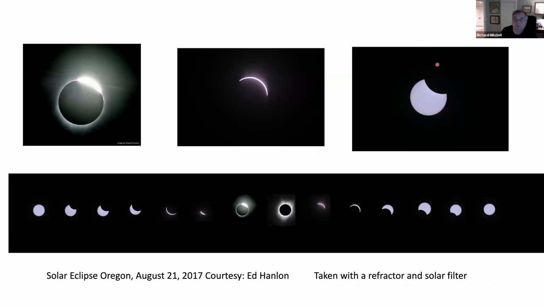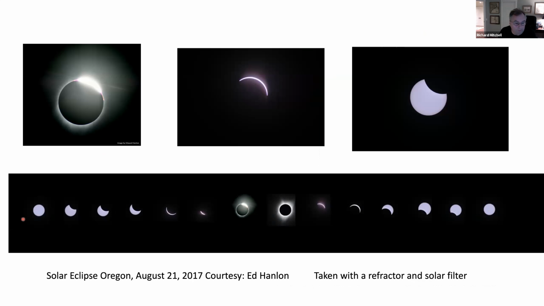Now we have some images from members of the club. This is Ed Hanlon, who took a series of images of the eclipse in 2017.